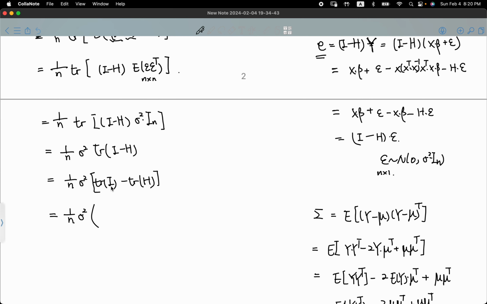Trace of identity should be n, right? Sum of the diagonal elements, n ones. So they're all n by n. Minus trace of x transpose x inverse x transpose.